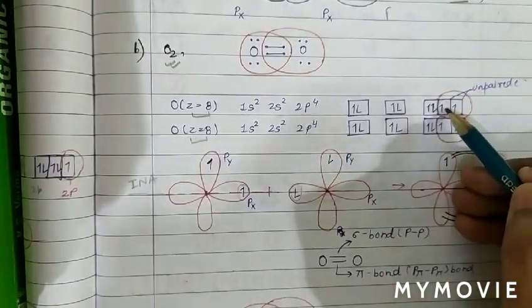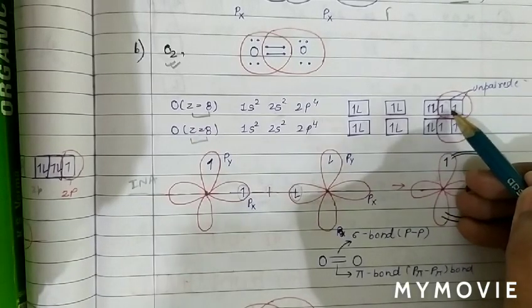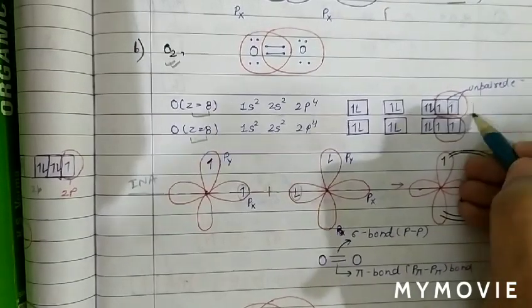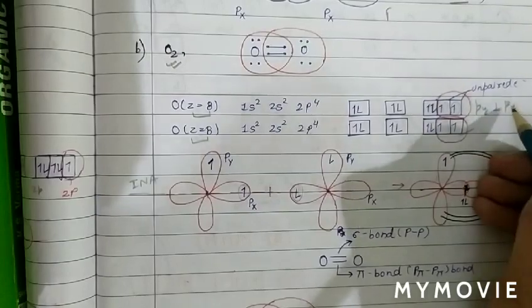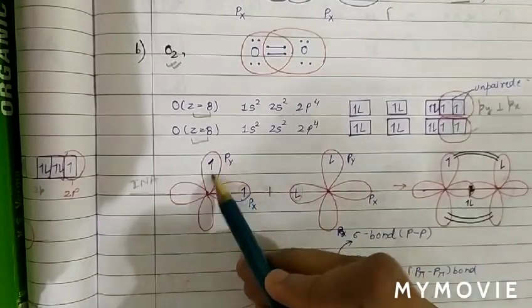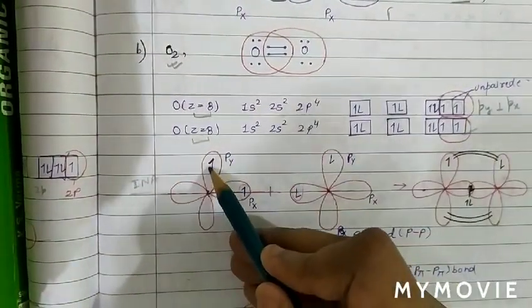As we know, the orbitals px, py, pz are mutually perpendicular to each other. So the py orbital must be perpendicular to the px orbital. Now we consider the py orbital, which has an unpaired electron.